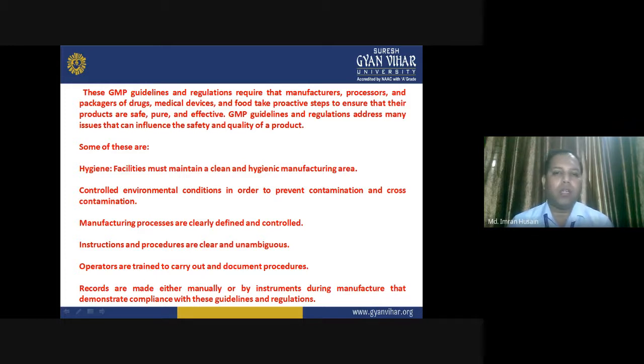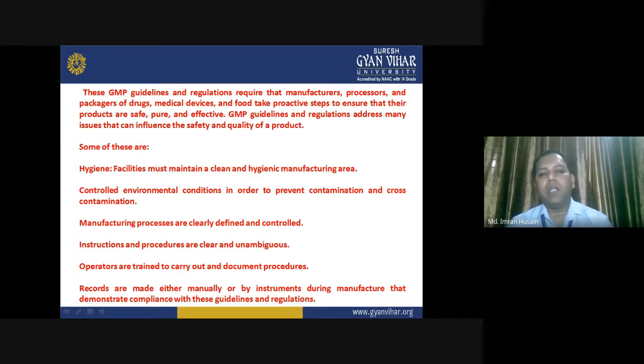So every time, they are ensuring that their product matches all the rules and regulations set up by the GMP guidelines. GMP guidelines and regulations address many issues that can influence the safety and quality of the product. They are there for the safety and quality of your product.